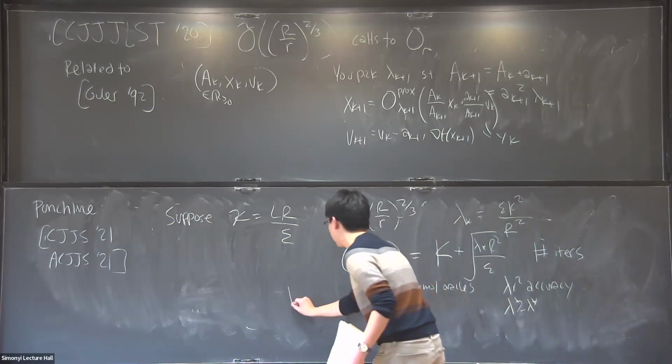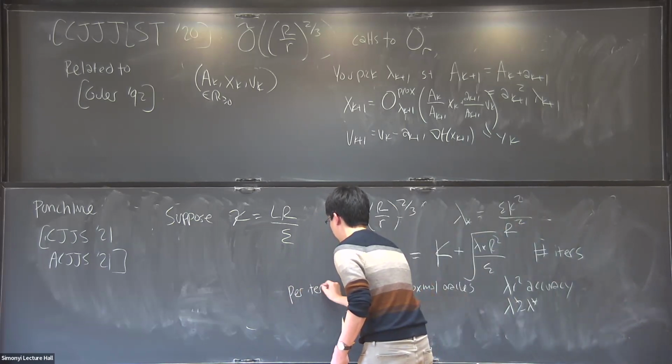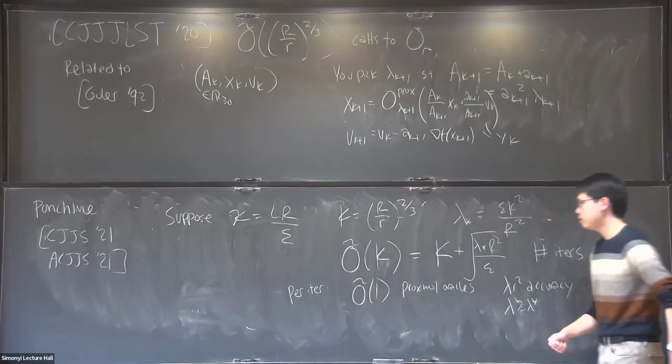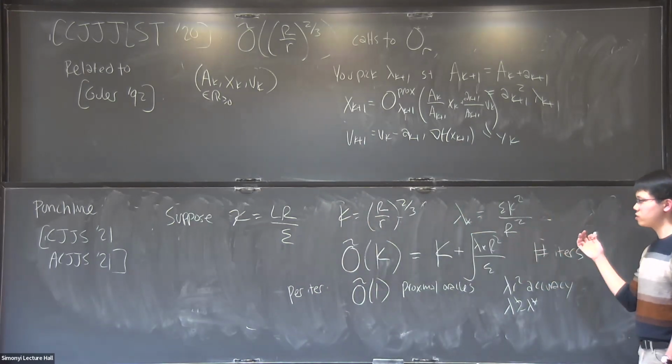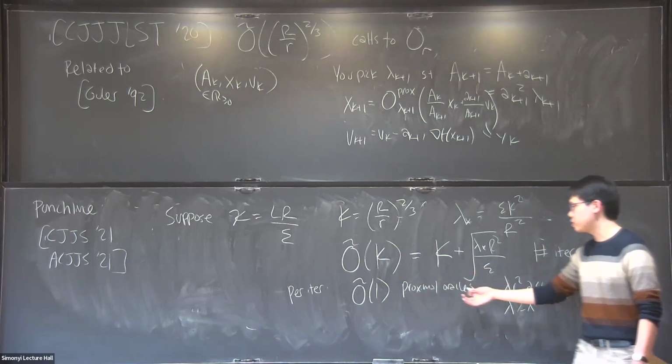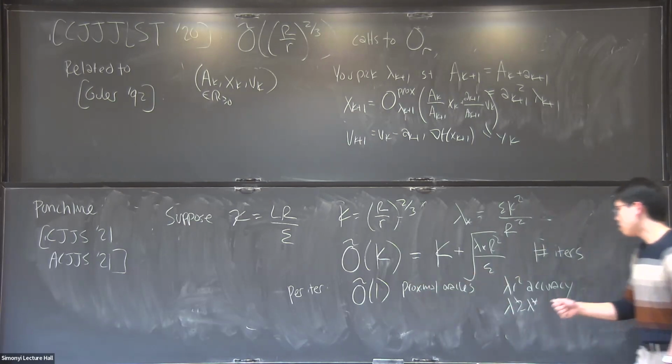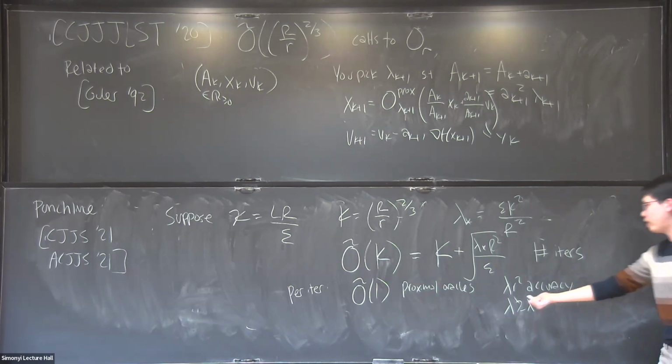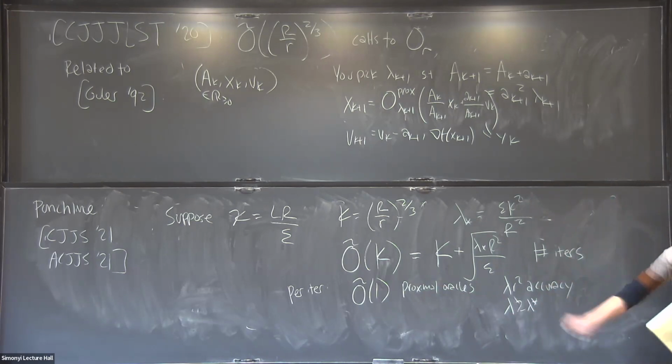This is earlier. So the claim is that in each of these k iterations, you need to call roughly a constant number of proximal oracles to roughly this accuracy for a value lambda that's at least lambda star. Because if lambda is less than lambda star, I just give up and move on.